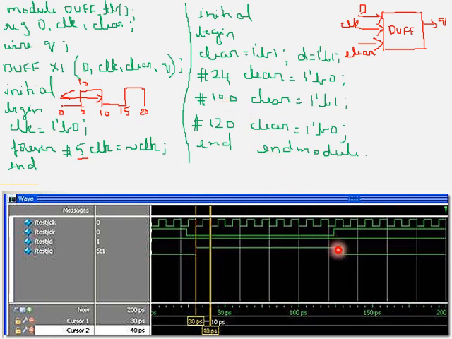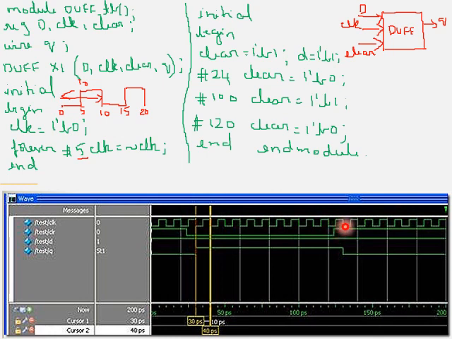After 100 time units I am making clear again equal to 1. 24 plus 100 means after 124. So after 124 time units I am making clear equal to 1 again.